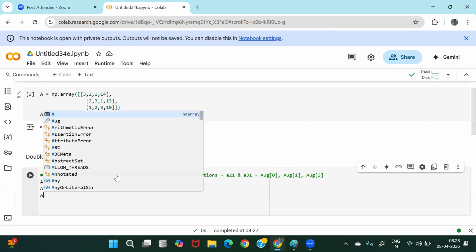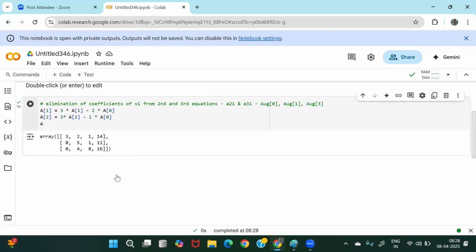So let us check the result after performing these two operations. You can clearly see that the coefficients of x1 from the second and third have become 0.